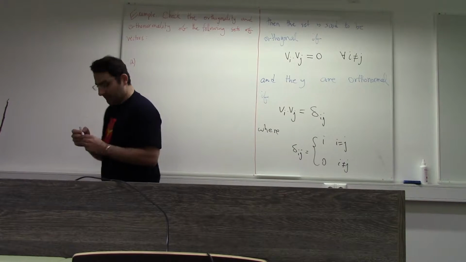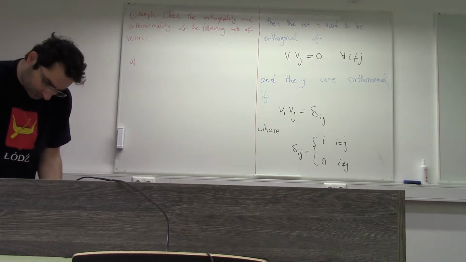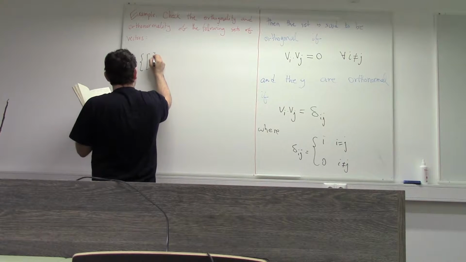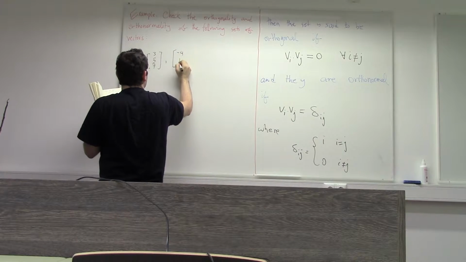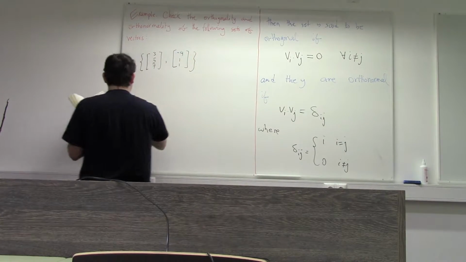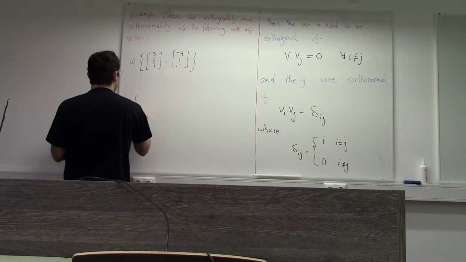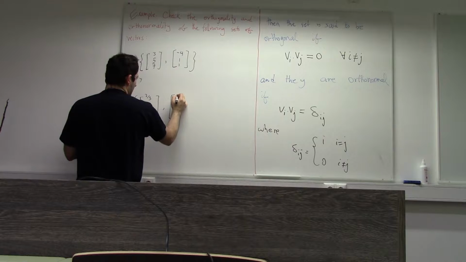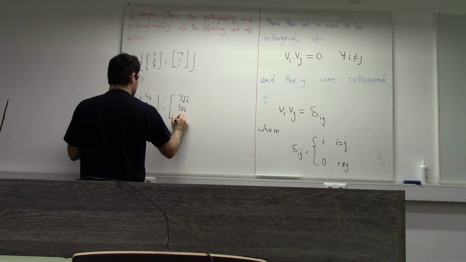The first one is this set: (3, 5, 7), (-4, 1, 1). And the second set: (2/3, 2/3, 1), (-1/√2, 1/√2, 0).